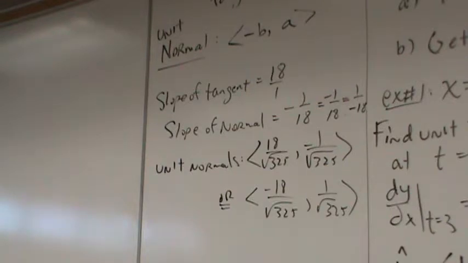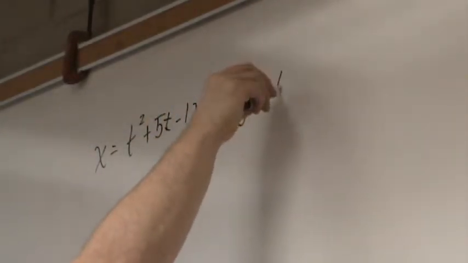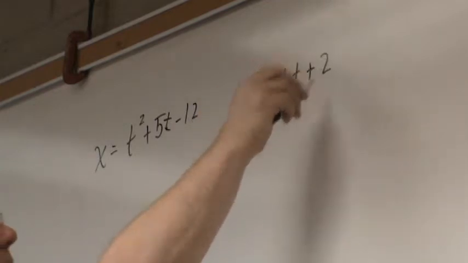Okay, you guys ready to do it on your own? Sure. Thank you. Whoever said sure, I appreciate it. X equals t squared plus 5t minus 12. Y equals 4t plus 2.